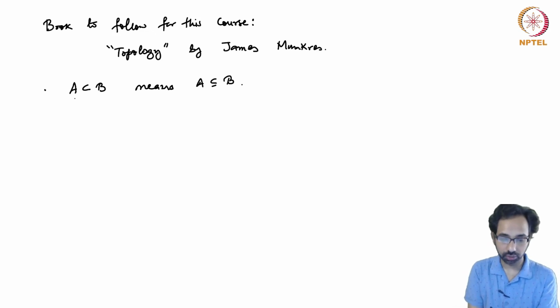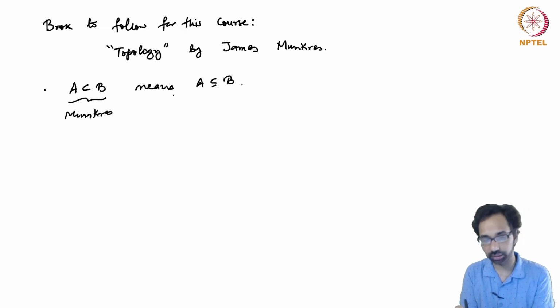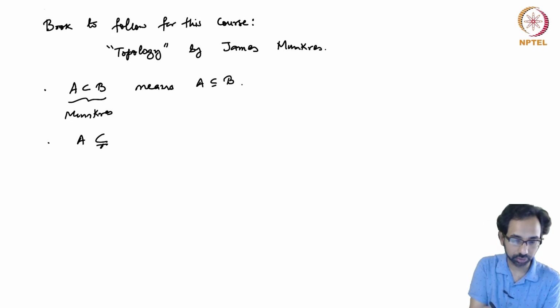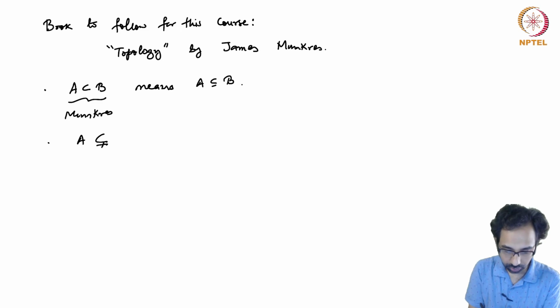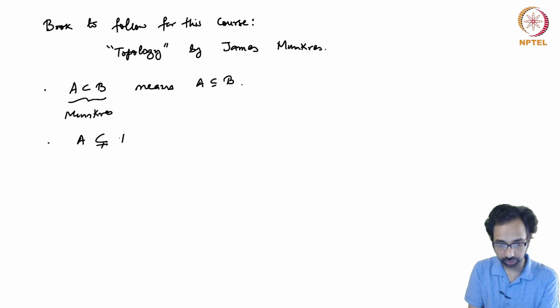So Munkres uses this notation to mean A is a subset, proper subset, or equal. In Munkres there is also another notation like this, where the lower horizontal bar is cut, which means for us A is a proper subset.